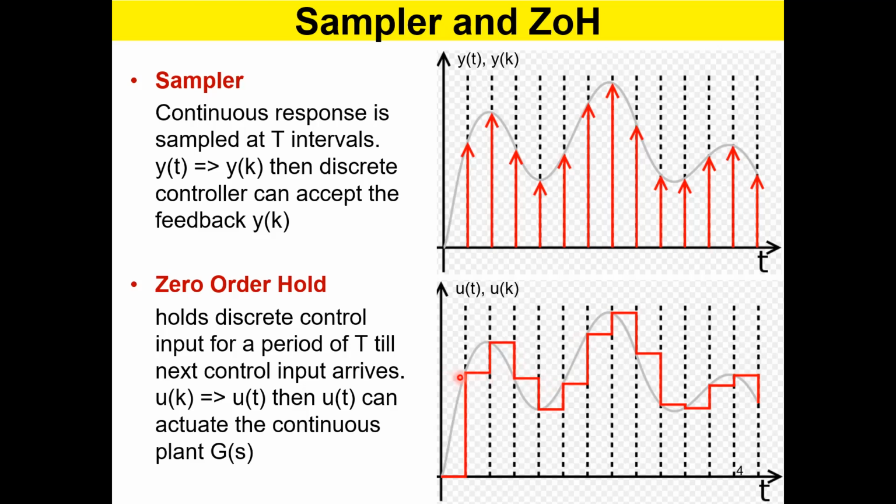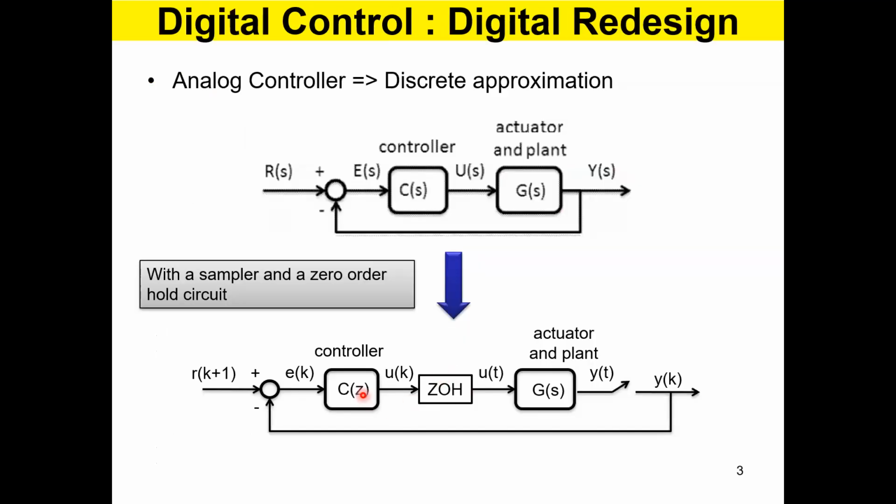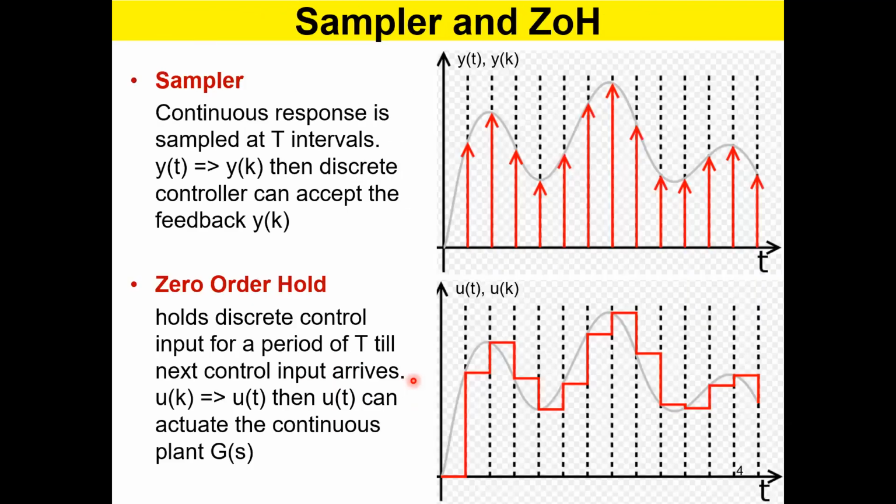And in between, it will maintain the same value. You keep the same value there until the controller sends you another value, like over here. Until C(z) sends you a new value, you're going to keep the previous value as it is. So it is flat top. That is why we call it zero-order hold, flat top, like that. Okay.